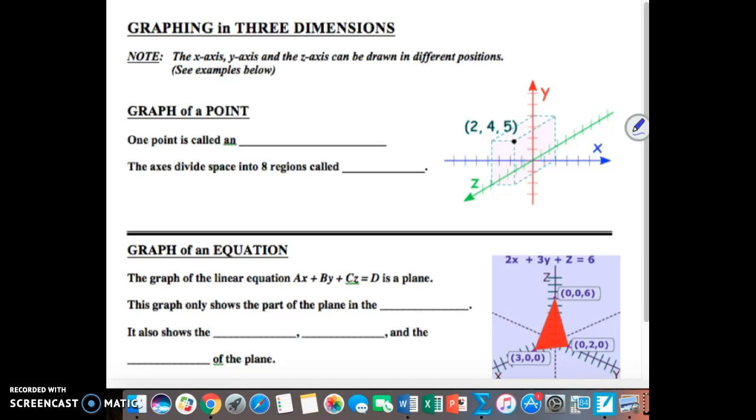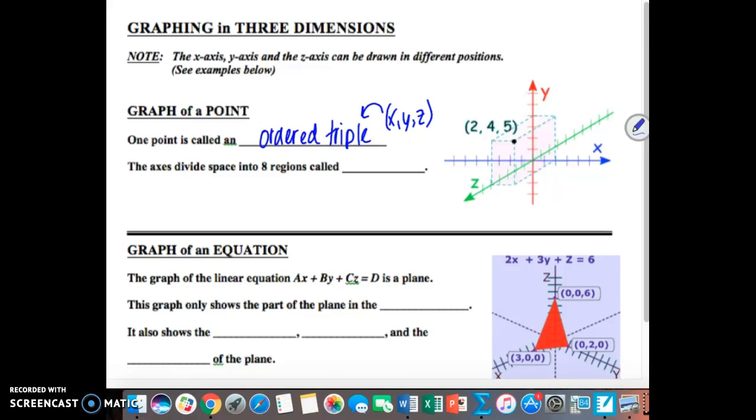The graph of one point is called an ordered triple. So rather than an ordered pair, a point in the form x, y, z is called an ordered triple.